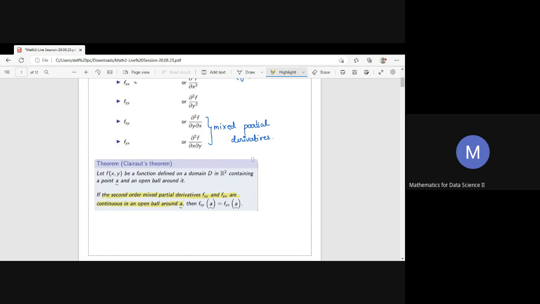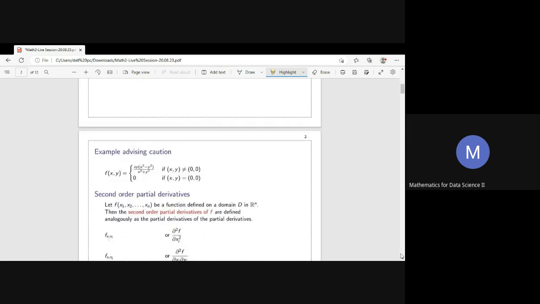So the mixed partial derivatives are equal when the second order partial derivatives are continuous in an open ball around a tilde.